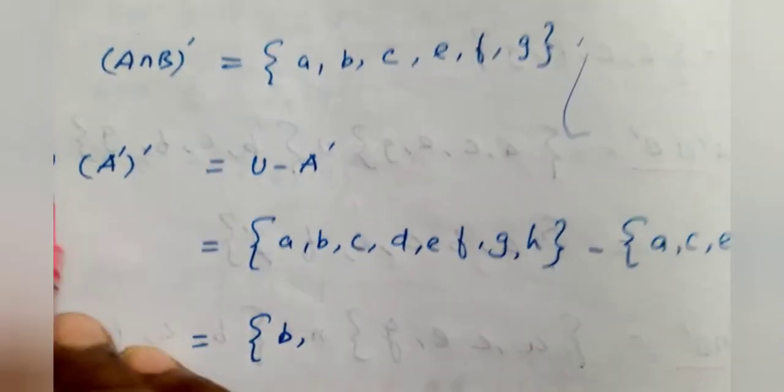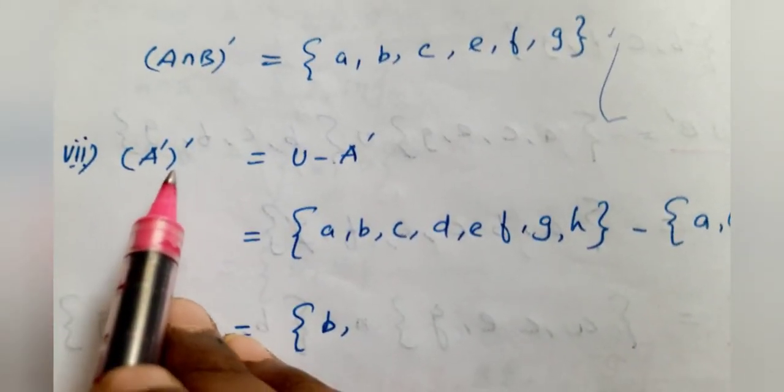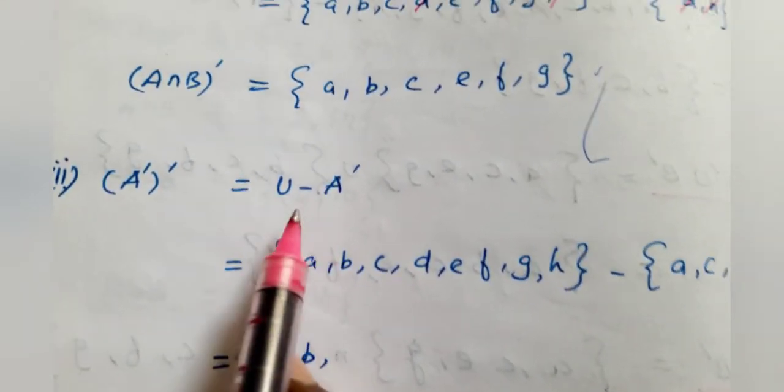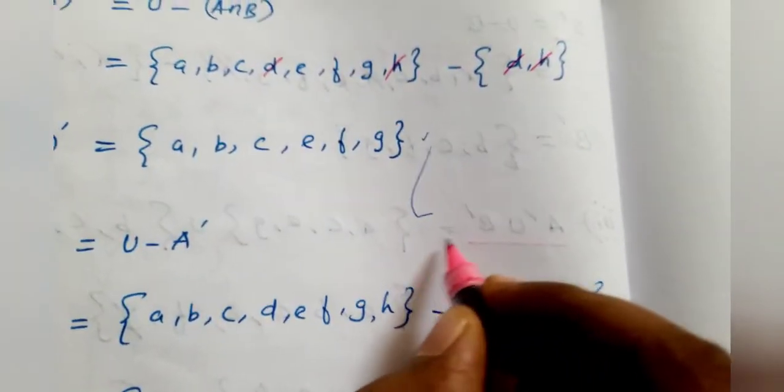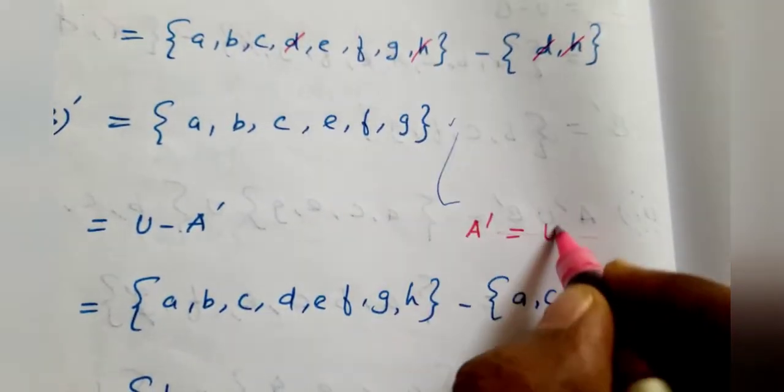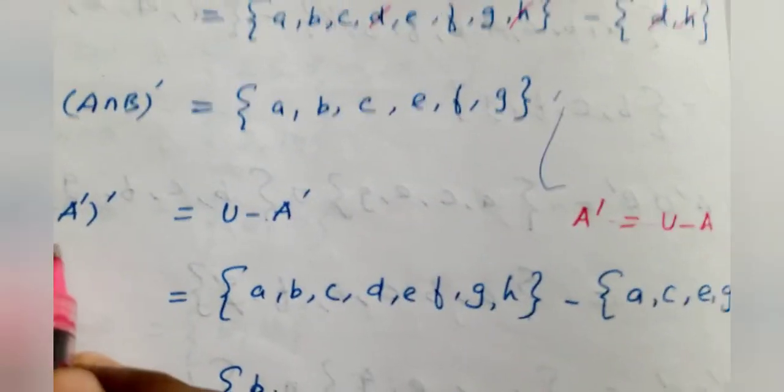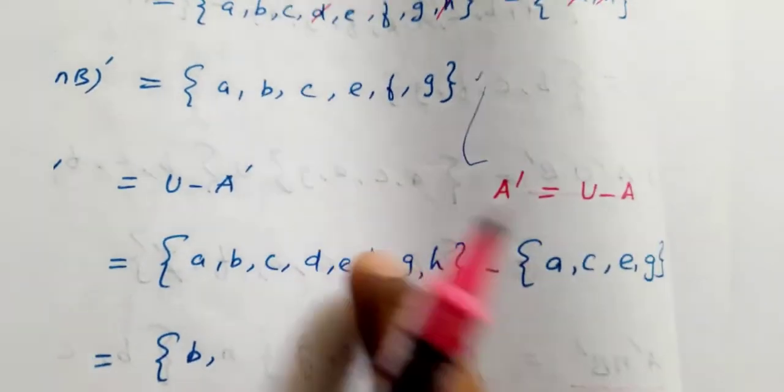Now we shall go for the seventh subdivision, A dash the whole dash, which is equal to U minus A dash. Usually we write A dash is equal to U minus A, but here A dash the whole dash means U minus A dash. Therefore, universal set subtraction with A dash.